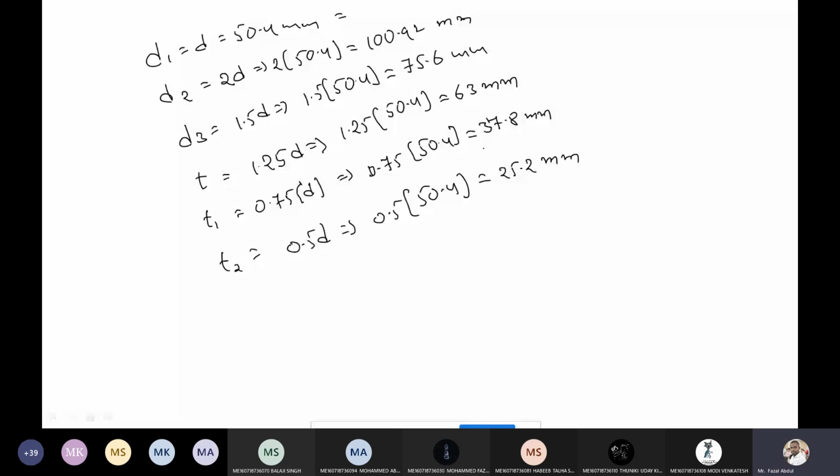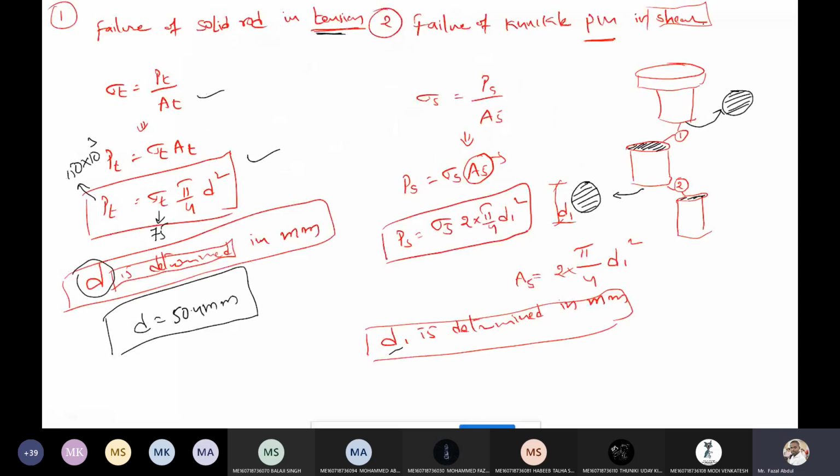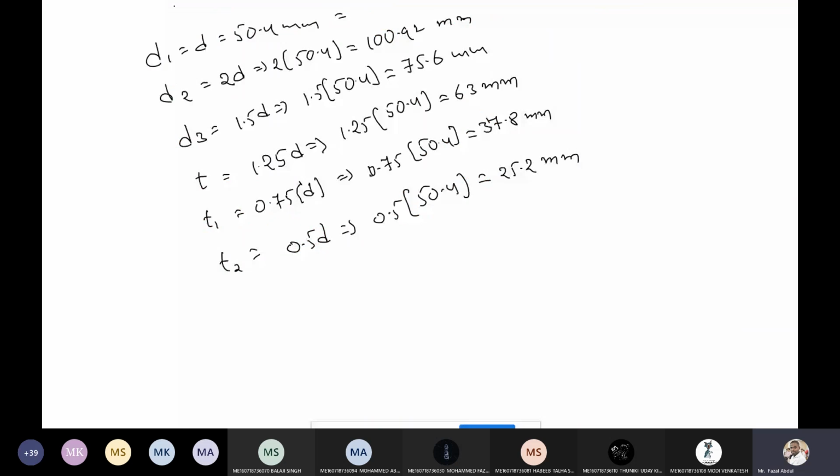Now after calculating these dimensions, what is the second step? Failure of the knuckle pin in shear. Substitute all the values here. Ps value is 150 into 10 to the power of 3. Sigma s value given in the question is 60 megapascal. D1 we just calculated as 50.4.